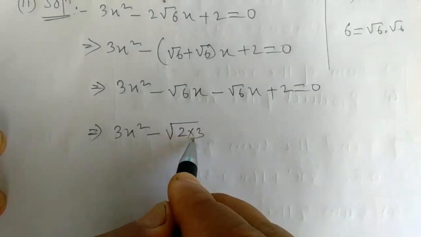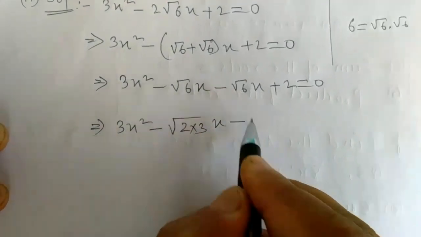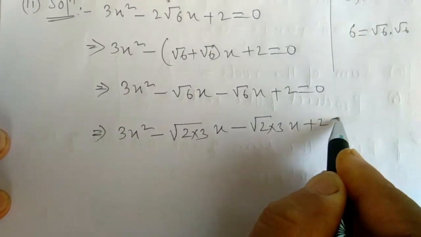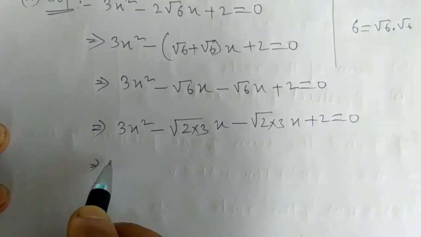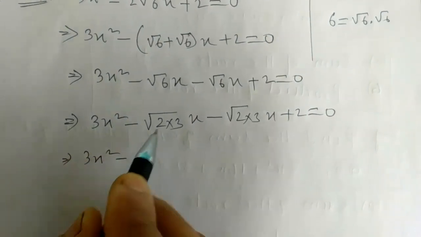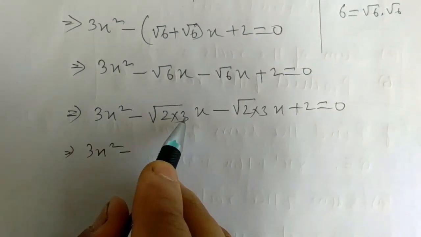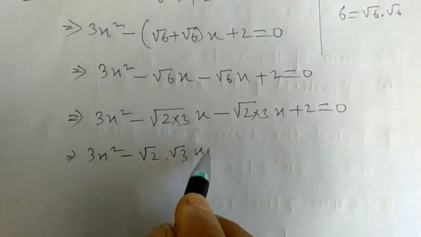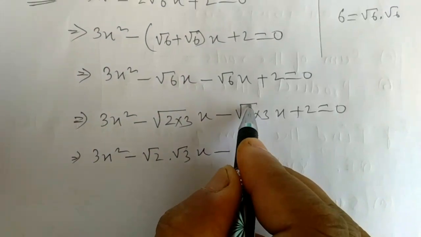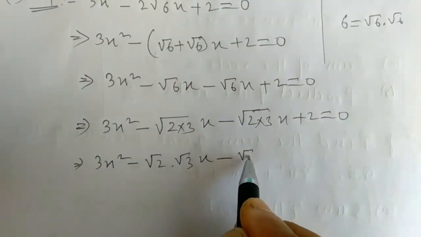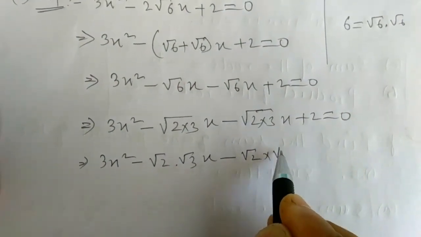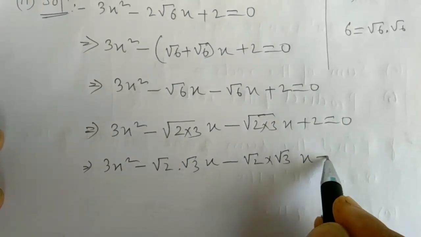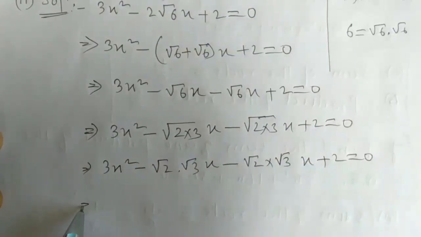So we can write like this: 2 times 3 is 6x. Similarly, this one also, 2 times 3 is 6x, plus 2 equal to 0. 3x square minus root 2 into root 3 x. Same meaning. Similarly, this one also we can write as root 2 into root 3, dot or cross, same meaning, x plus 2 equal to 0.